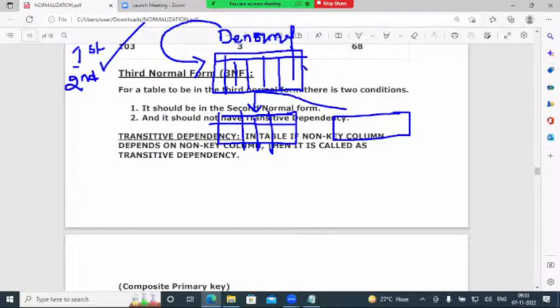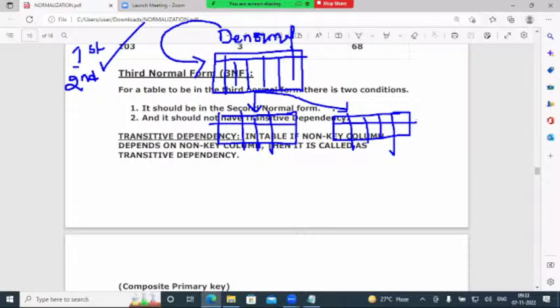Two tables, because one is the existing table and the other is the separated table with the columns you separated. So after implementing the second normalization technique, the table was split into 2 tables.